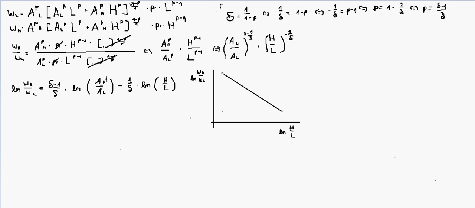So to get to this demand curve, we would derive this expression with respect to the logarithm of h divided by l to get its slope. So what would be left over is minus 1 divided by sigma. So the slope of this would be minus 1 divided by sigma.